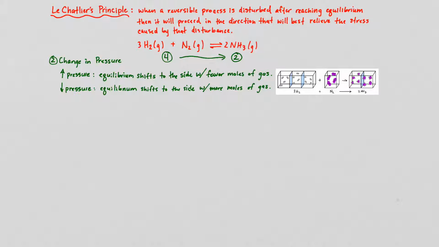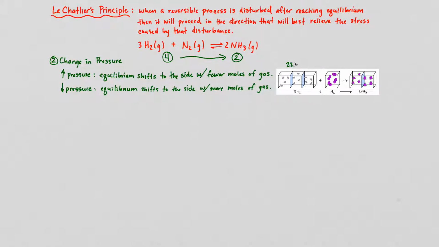Whereas if they convert into ammonia, they only take up approximately 44.8 liters of space. So like here you have 22.4 times 3, plus 22.4, and then here you have just 22.4 times 2, if you're keeping temperature the same, okay?